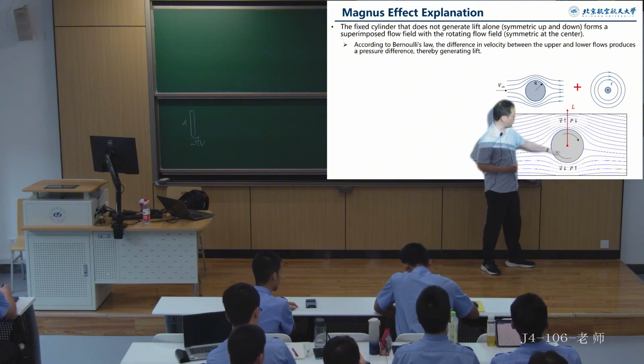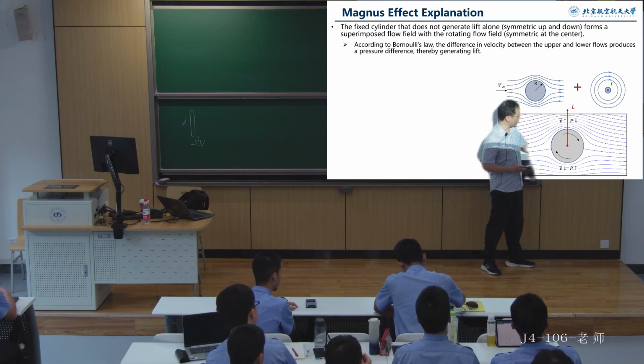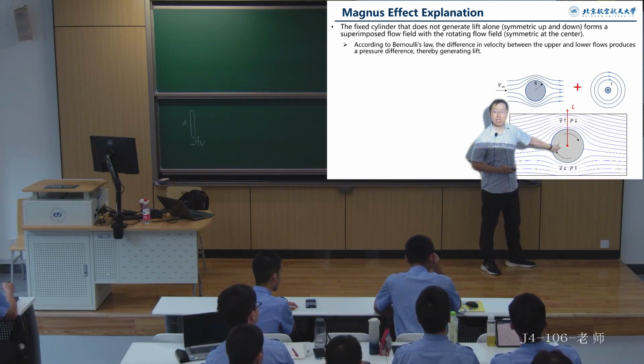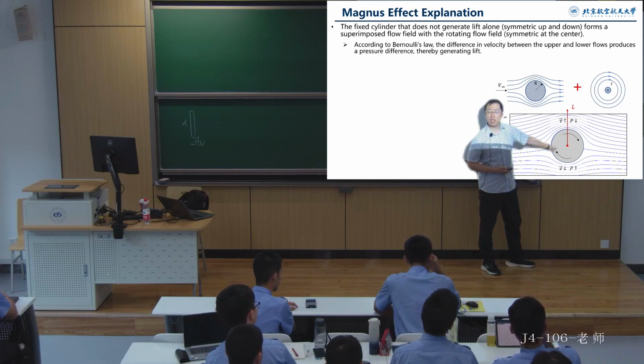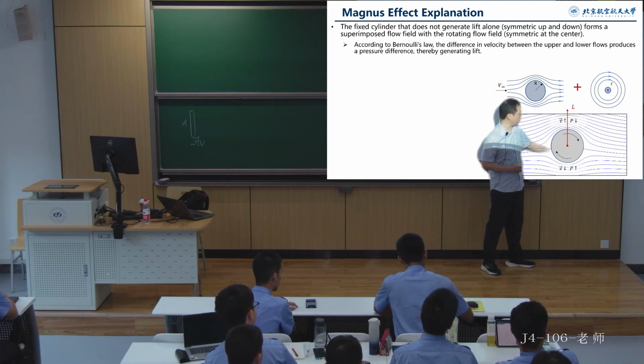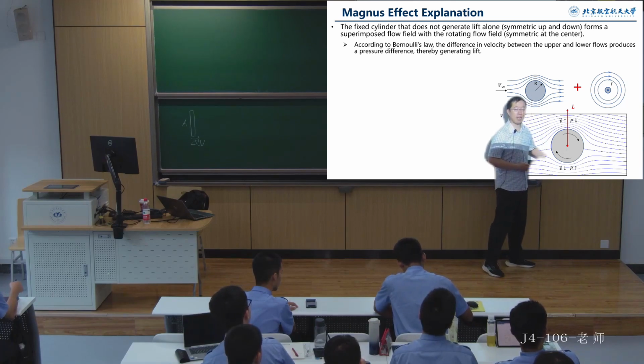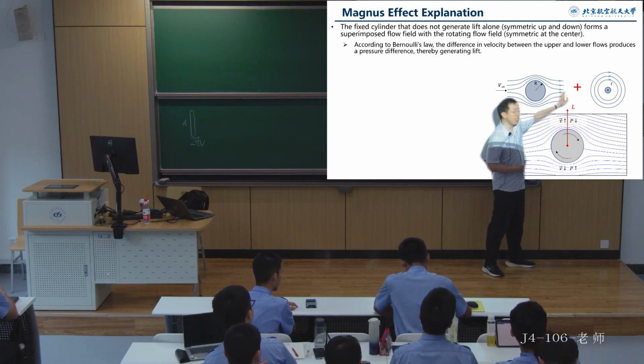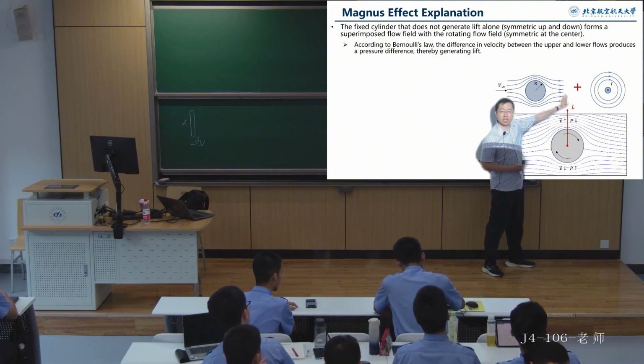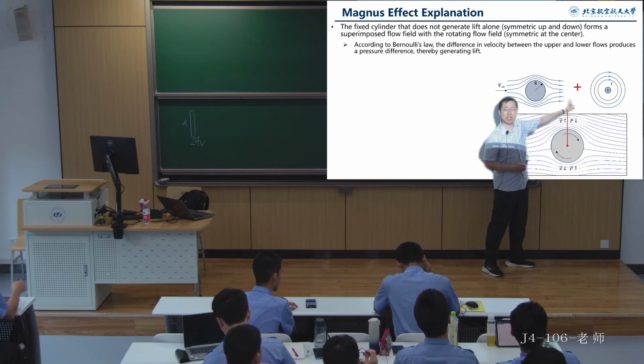From the streamlines, we can observe the distance between them increases, doesn't it? In this case, the flow speed decreases and the pressure increases. So the pressure is higher below and lower above. At this point, an upward force is generated, which is essentially lift.